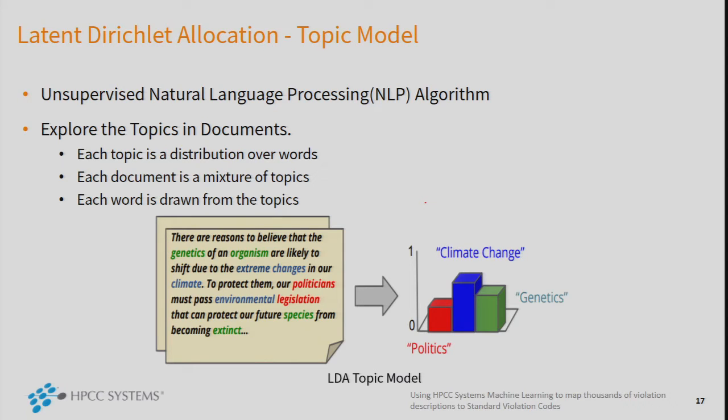So here's one example. We are putting the documents into LDA, and we can see here human beings have the knowledge about genetics, organism, species, extinct, and they all belong to genetics, and like extreme changes, climate, environmental, that means climate change.